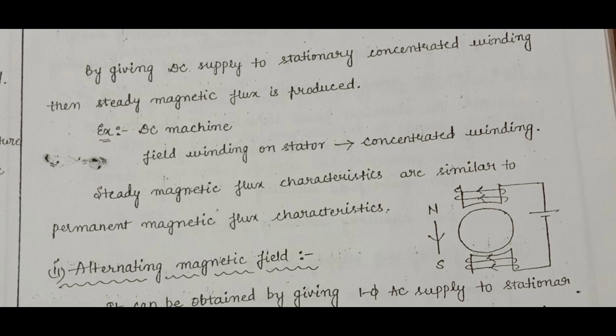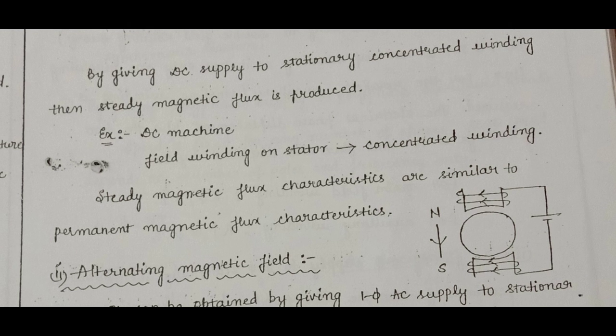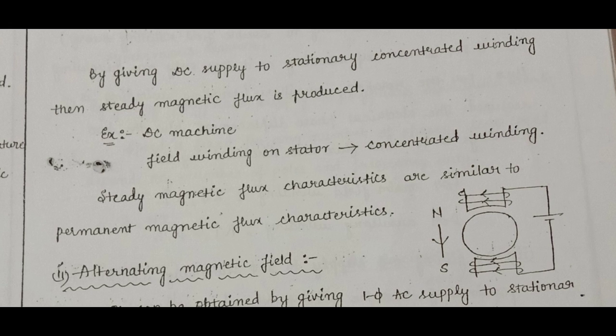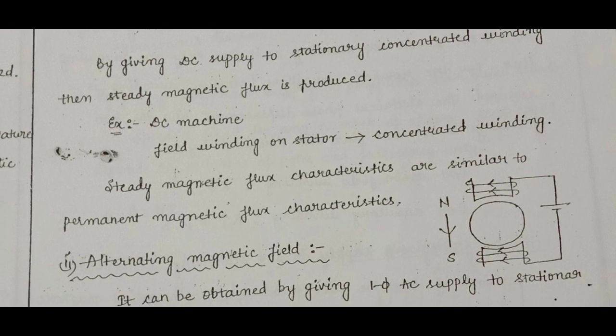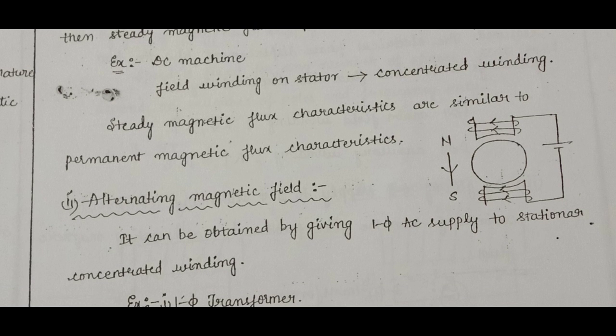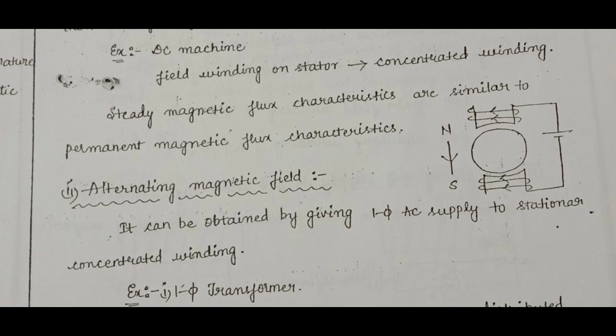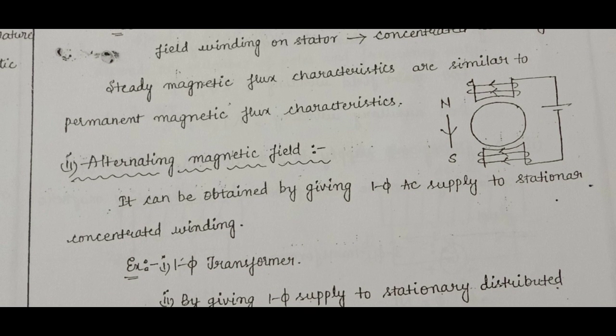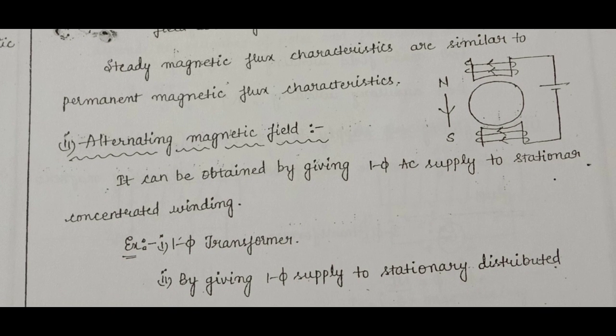Concentrated winding means the winding is placed in one slot per pole, so all magnetic flux lines are at the same place, on the same axis. Example: in a DC machine, the field winding on the stator uses concentrated windings. Steady magnetic flux characteristics are similar to permanent magnetic flux characteristics.